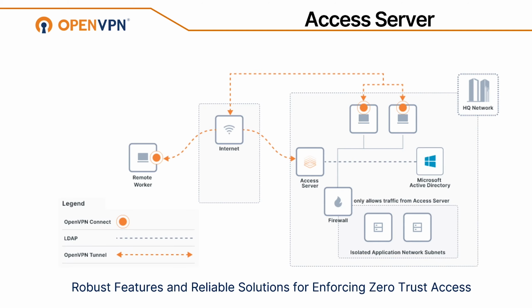Obviously, our focus today is how to configure this product for ZTNA. So enforcing zero trust access is a serious part of a security program. These days, everybody's thinking about implementing some sort of ZTNA within their network.